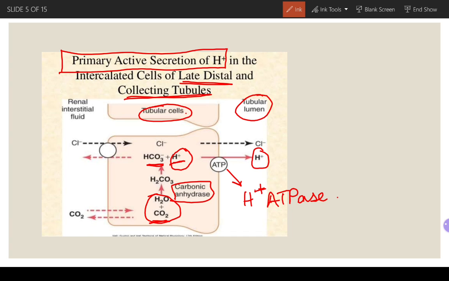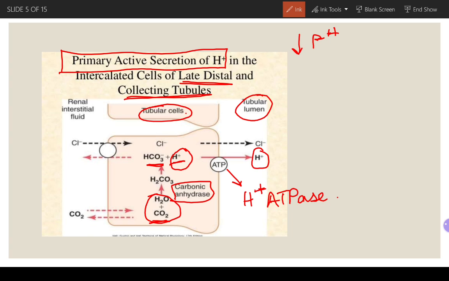Now after this, when the H plus keeps accumulating in the tubular lumen, it leads to a decrease in urinary pH, right? So this again will be unfavorable for the gradient. There can't be more H plus being secreted because the gradient is demolished because of the accumulation of H plus ions.